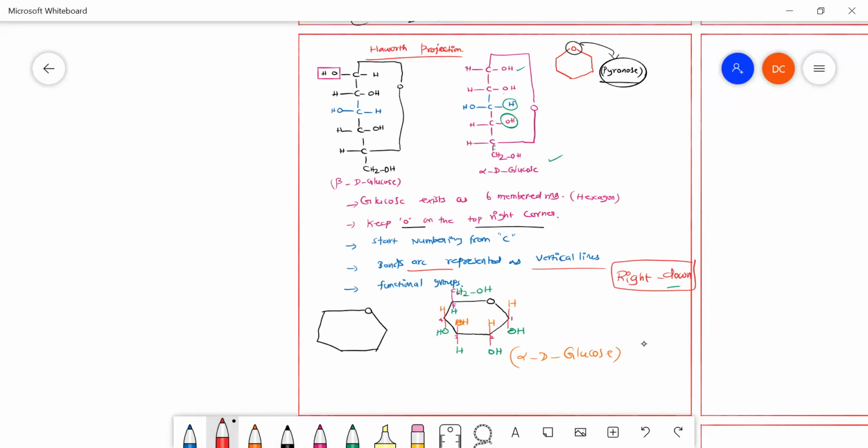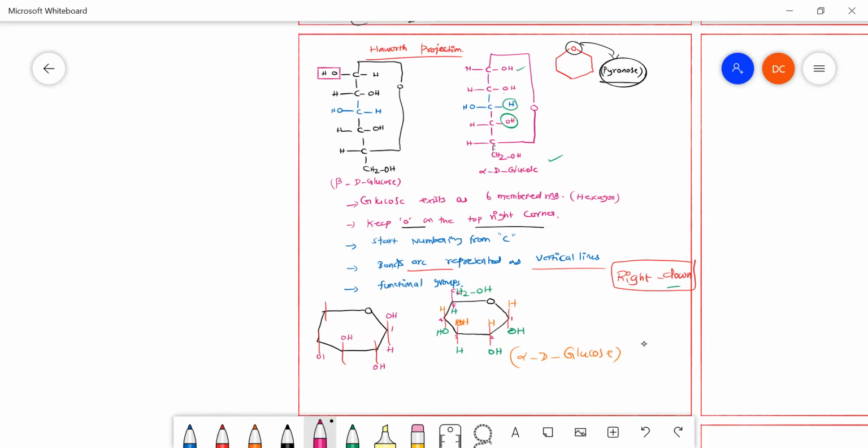Then 1, 2, 3, 4, 5, 6 like this. Now in the first carbon, what is present on the right side? Hydrogen. And here OH is on top. Second carbon, OH is on the bottom. Third carbon, OH is on top.